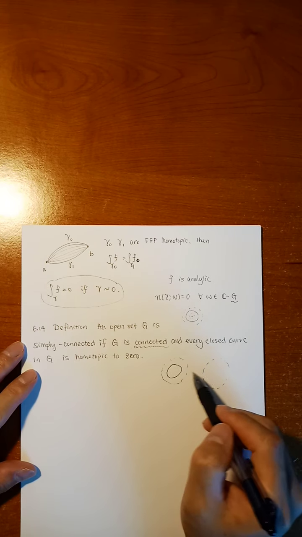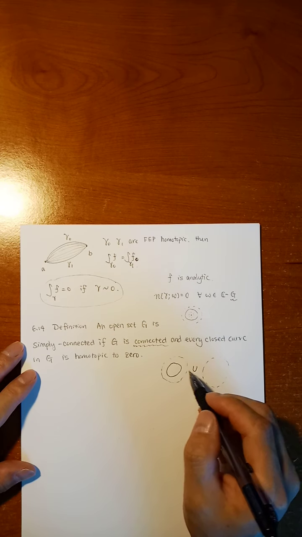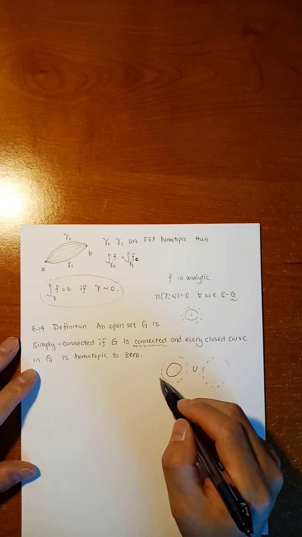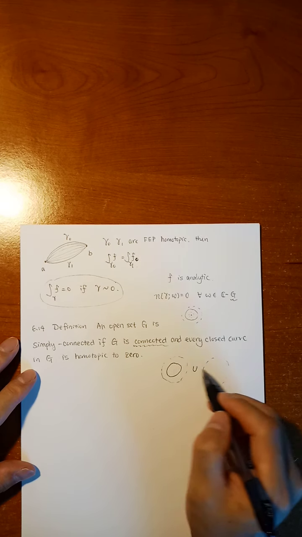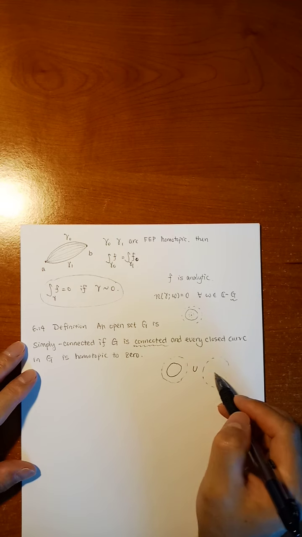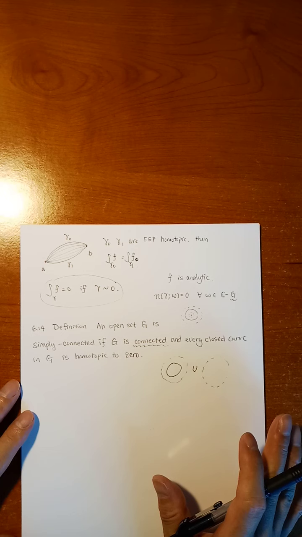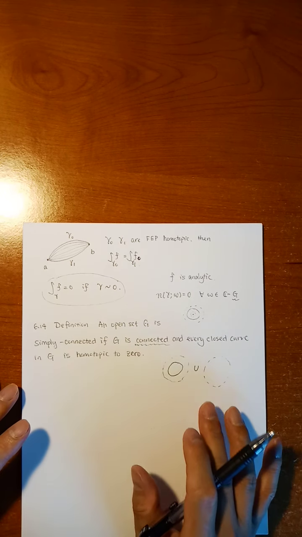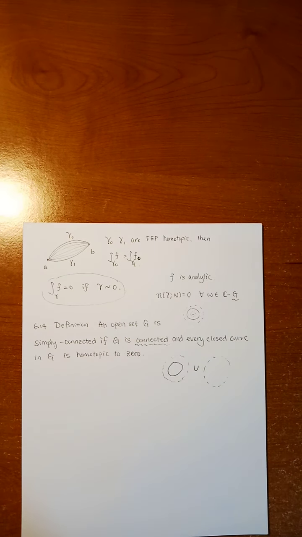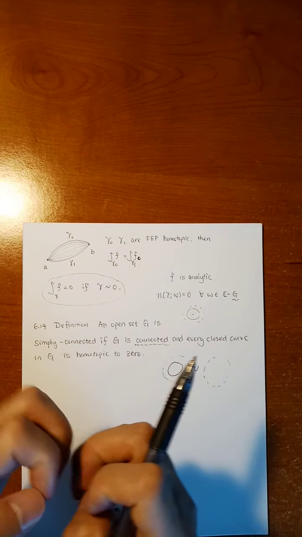But because we are talking about the union of two disjoint disks, which are not connected, this set is not considered simply connected. We must require they are connected first.